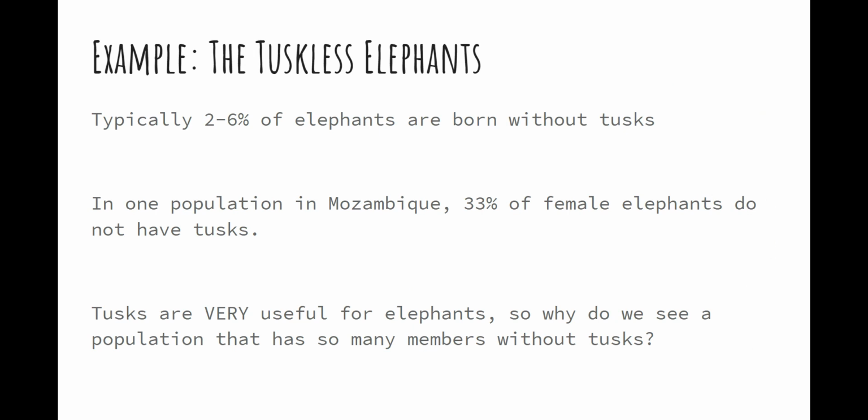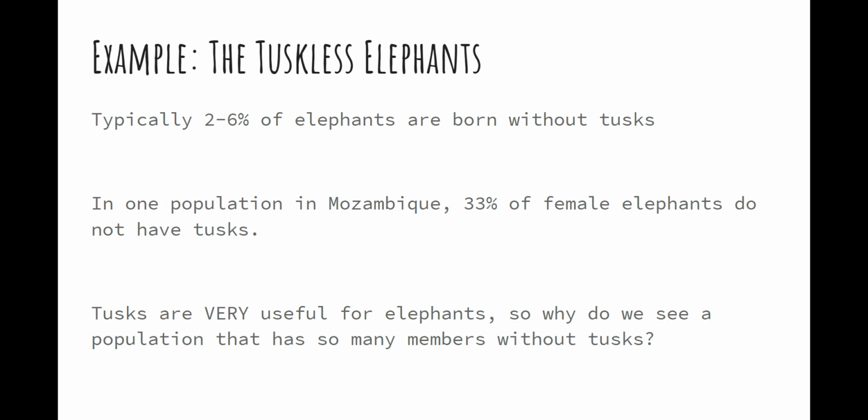So an example we'll go through, and then we'll talk about the 4 factors of evolution for natural selection that work with this. So our example is the tuskless elephants. Typically, only 2 to 6% of elephants are born without tusks. However, in one population in Mozambique, 33% of female elephants do not have tusks.